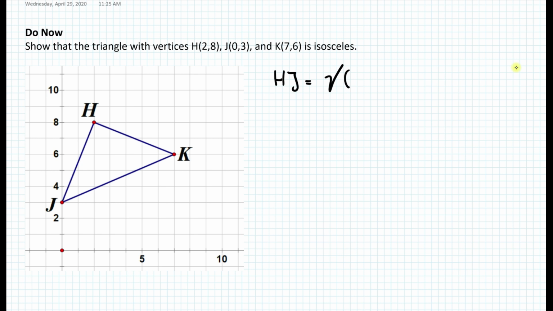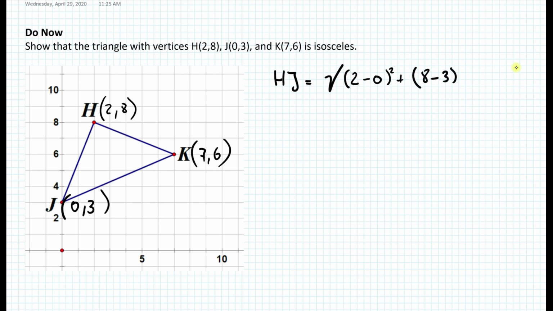Maybe we can label these points here so it's easier to see them, okay? So we have K is (7, 6), and then we have J, which is (0, 3). So the distance from H to J: first we do the distance in x, which is 2 minus 0, and then we square it, plus, and then we look at the distances in y, 8 minus 3, and then square it.